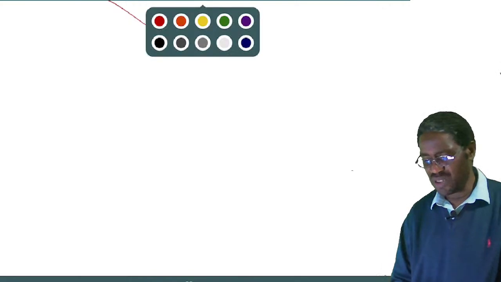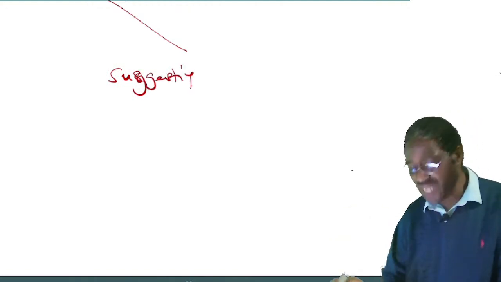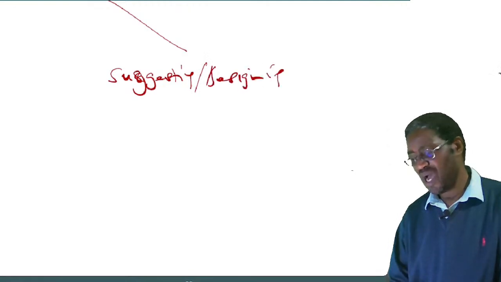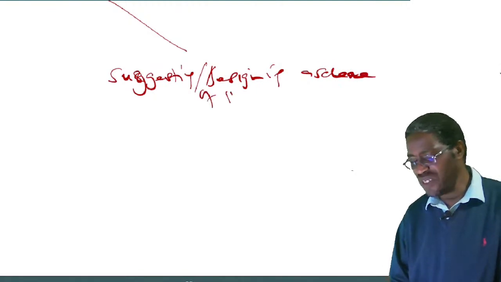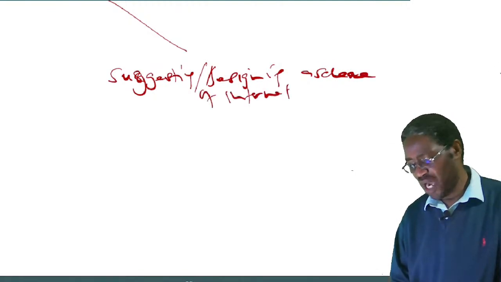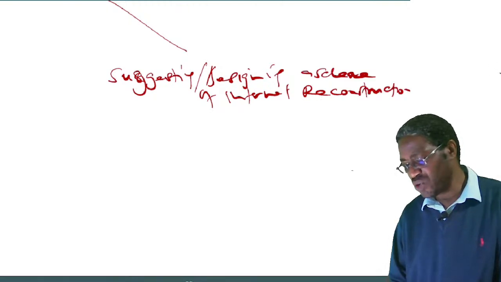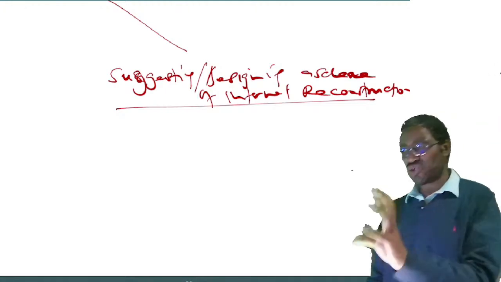In other words, how do we suggest, what are the steps of suggesting, or designing, a scheme of internal reconstruction? How do you come up with a scheme of internal reconstruction? That's what we want to talk about.